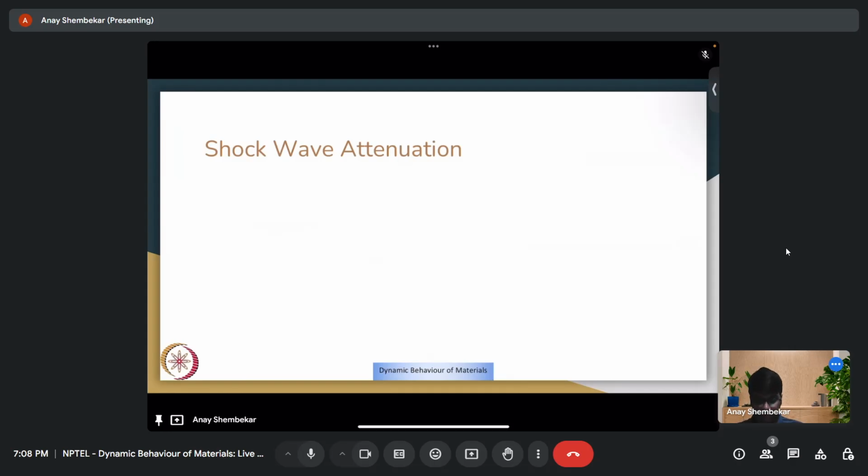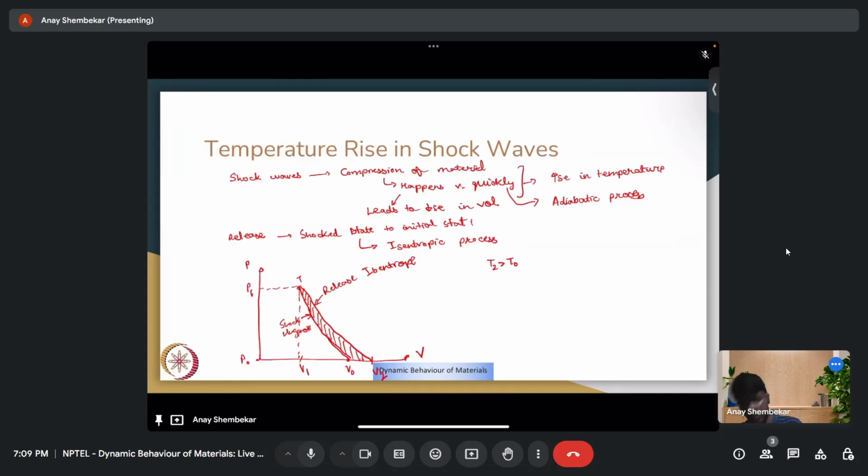There is some amount of mathematical jugglery involved wherein we could start off from the Mie-Gruneisen equation of state as well as use a set of thermodynamic relations to find some relation between temperature T1 at this point and T2, which is the final point. That part is out of scope for this syllabus, so I'll not go into that.